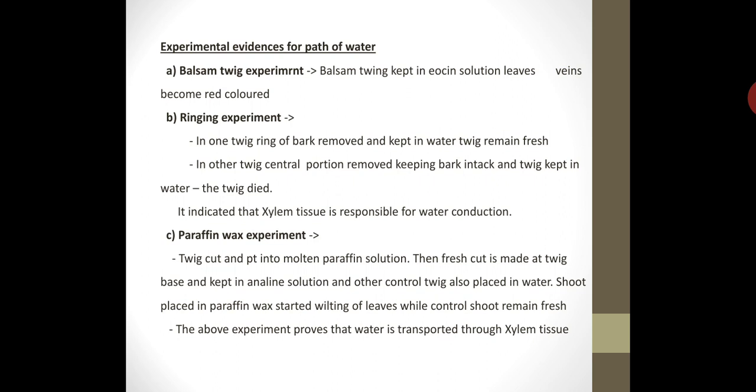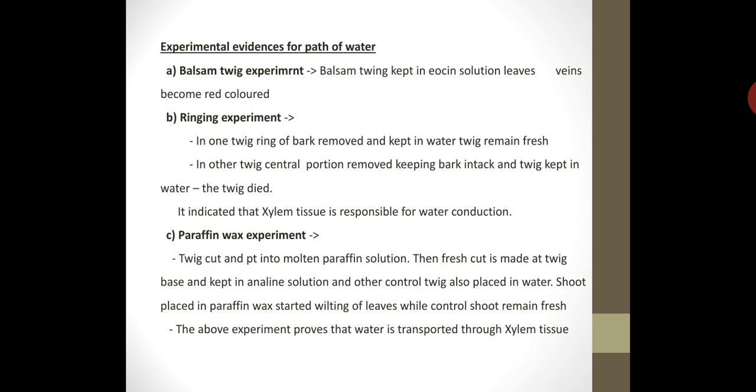The second experiment to prove that the path of the water is the xylem is called the ringing experiment. In this experiment, two twigs are taken. A lower transverse cut is given to both twigs.